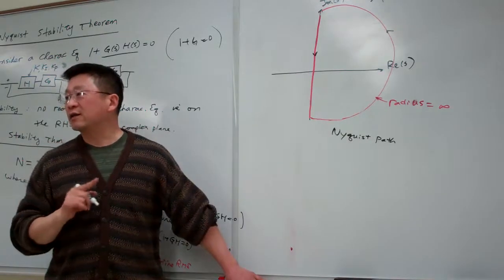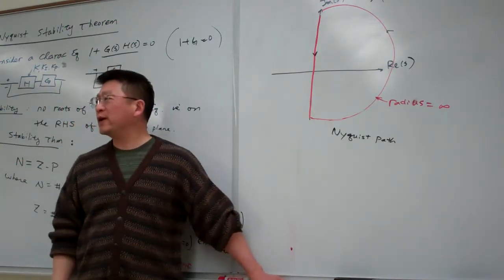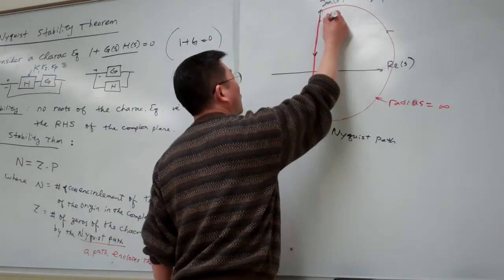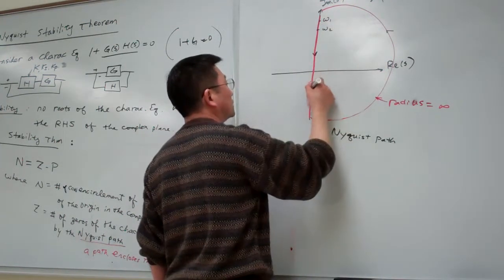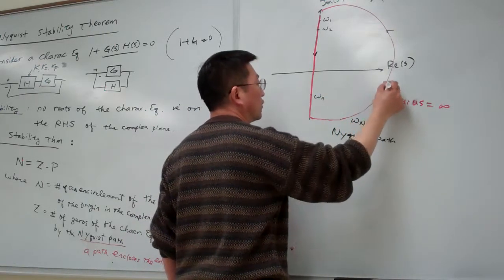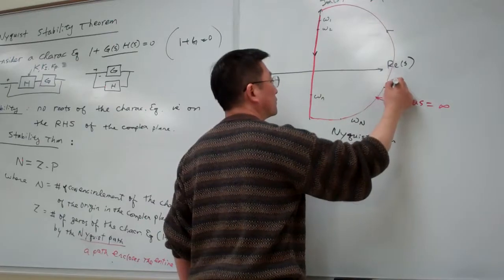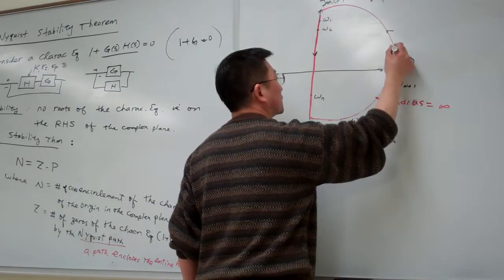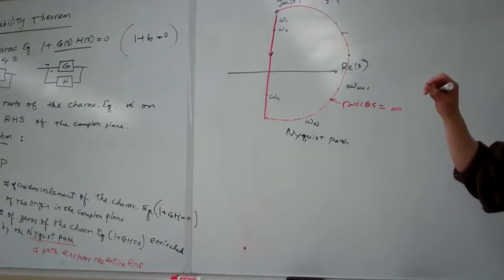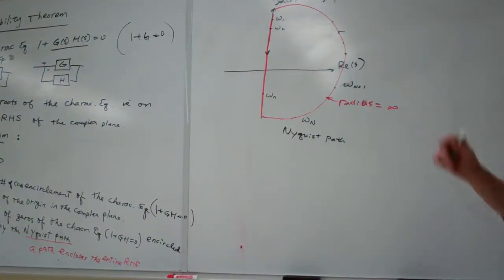Okay, so on the Nyquist path, we have many points of omega. For example, omega 1, omega 2, until say omega n, omega n plus 1, etc. So many data points we can sample from the Nyquist plot.